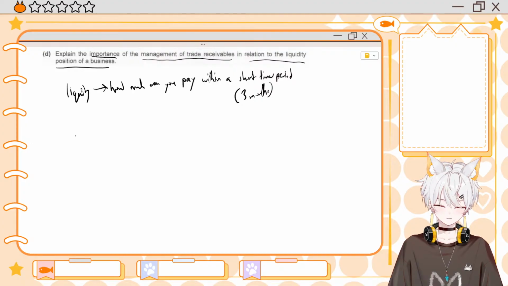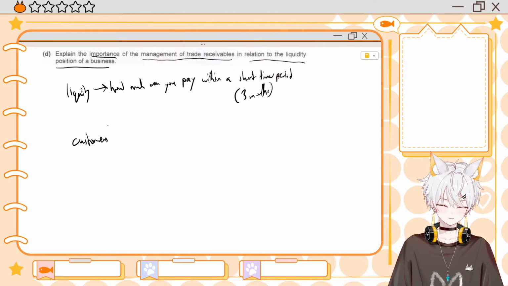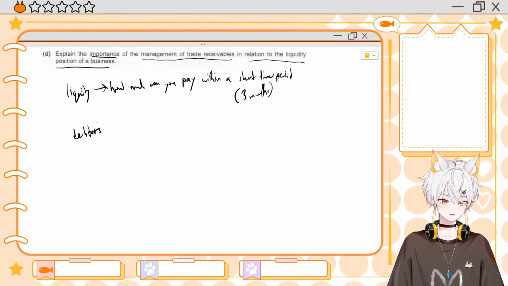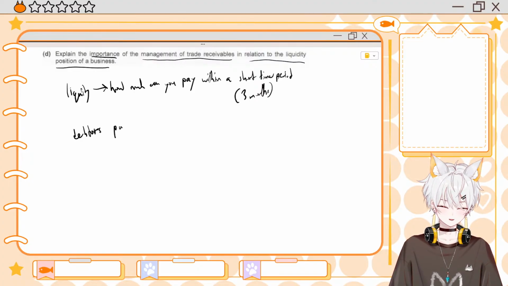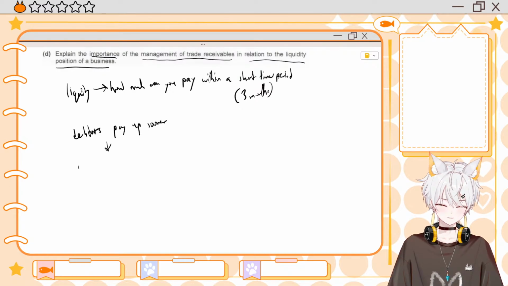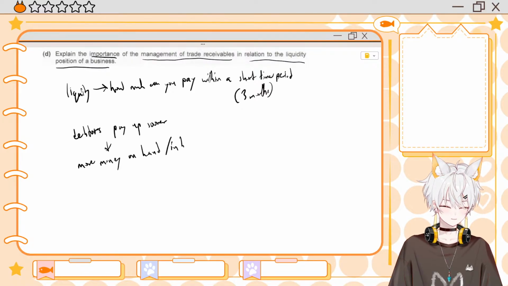So when your customers who owe you, actually we'll call them debtors instead of customers, because customers could be people who just buy from you only. So we call them debtors. Pay up sooner, means more money on hand or in bank.